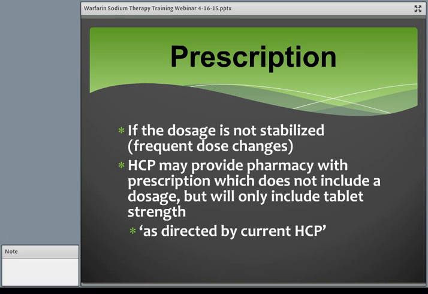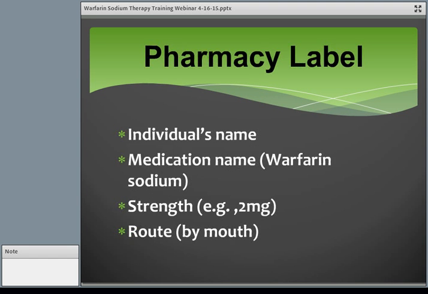Staff must look at the HCP order to determine the number of tablets to give to equal the dose. For example, the pharmacy label would include the individual's name, the medication name, the strength of the tablet, the route, the frequency, and then no specific dosage directions. It would be as directed by current healthcare provider order.